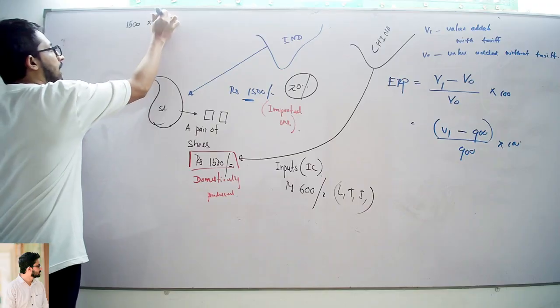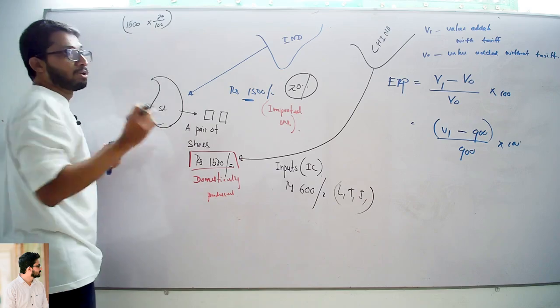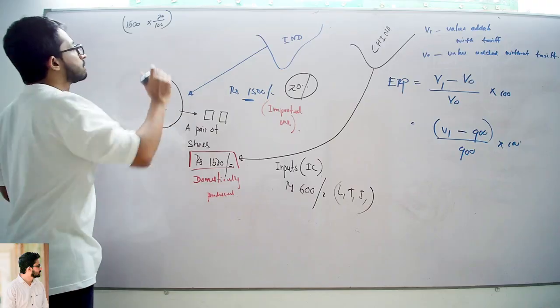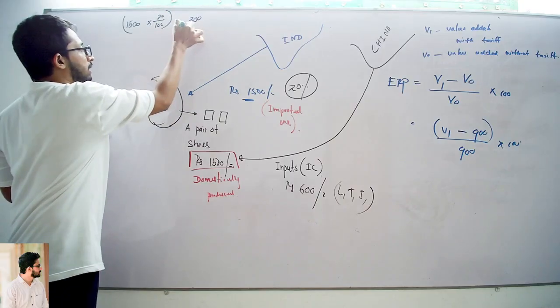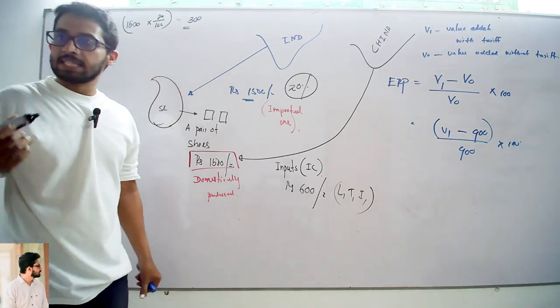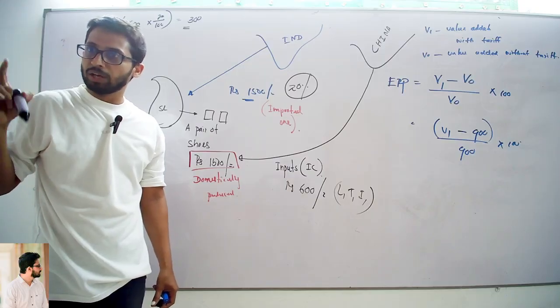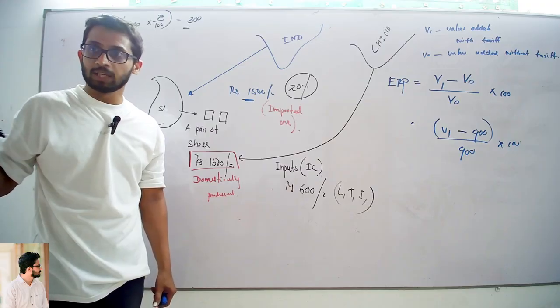How much tax has to be paid to the government when one pair of shoes is imported? It's 300 rupees, right? This is the tax amount that has to be paid to the government for one pair of shoes imported.